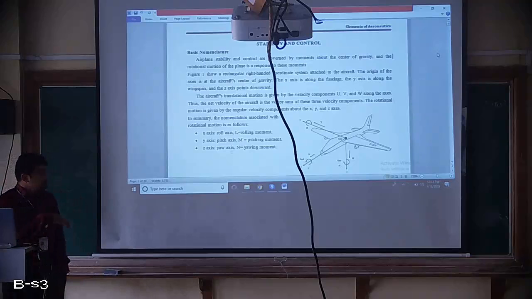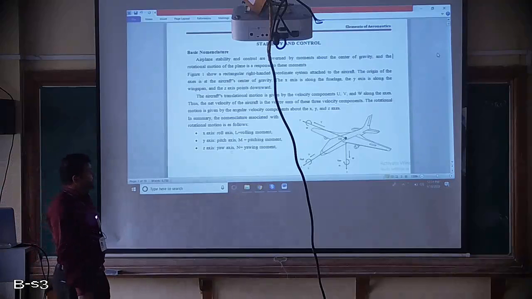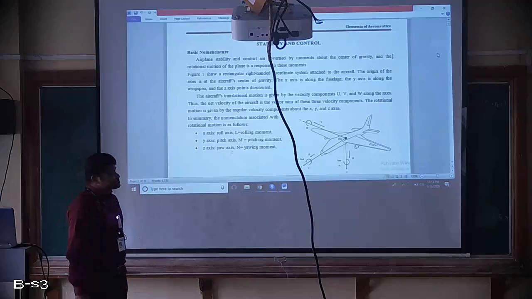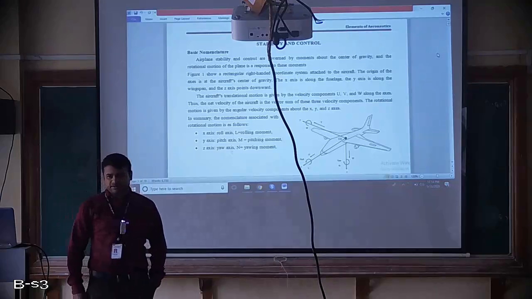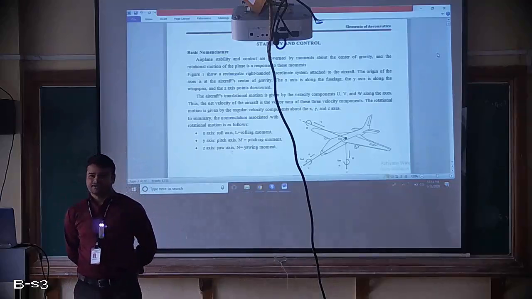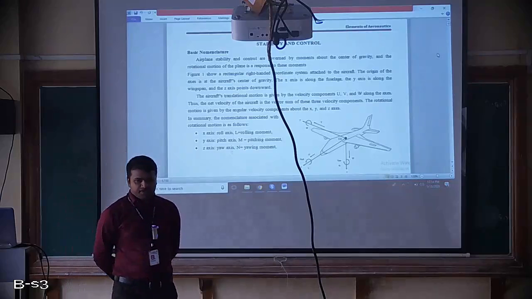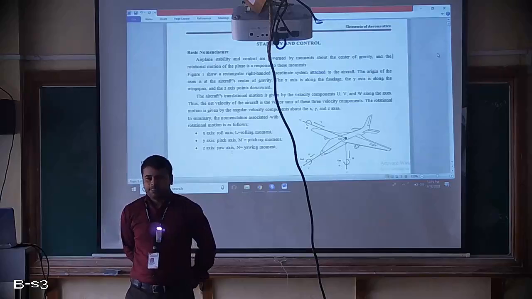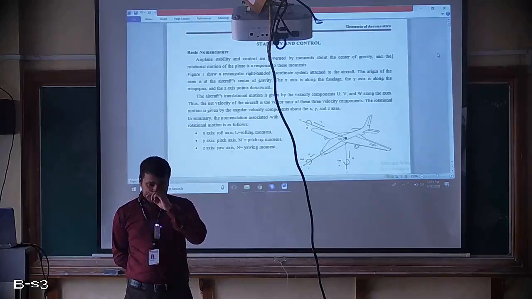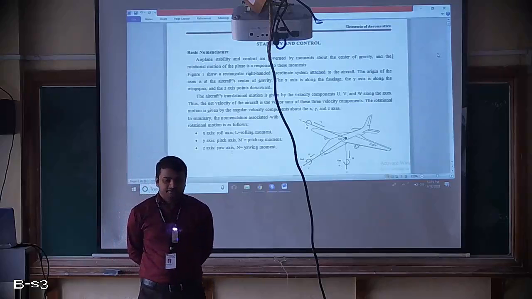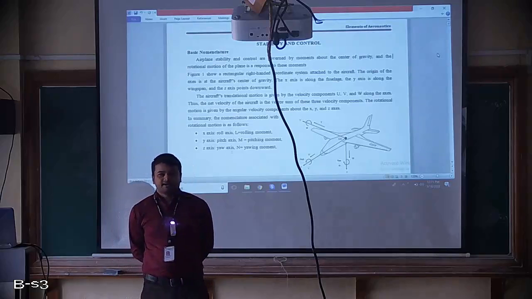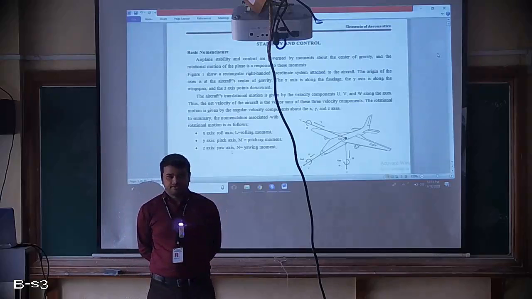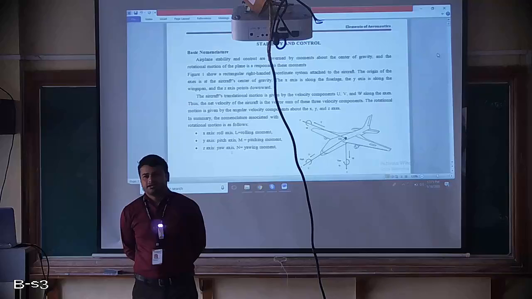Basically, in this slide, we have some pages related to stability and control of the aircraft, and we'll study about that. When we talk about stability, that means the aircraft should be stable in air. Otherwise, what will happen?